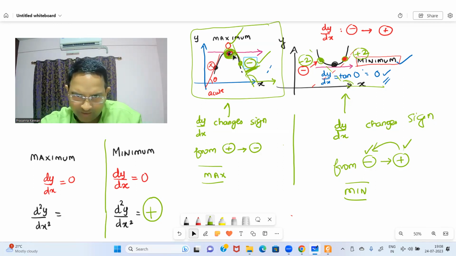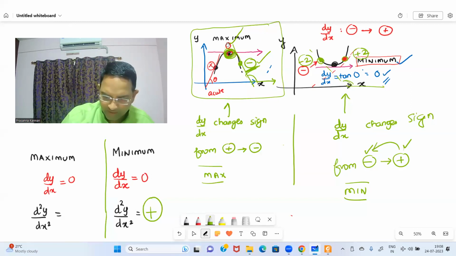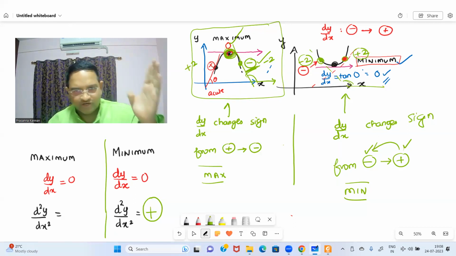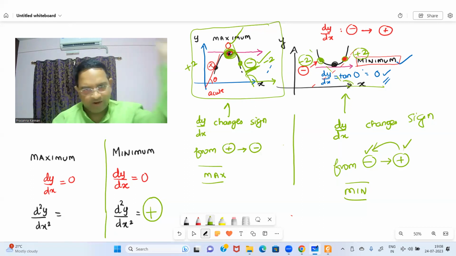So the final value is negative. Before that point, wherever you draw the tangent, what is the dy by dx value? Positive. So the final value is negative, the initial value is positive. For example, let's say this is -2, this one is +2. That is the slope. So you want to look at the change in slope. That is the second derivative. So final slope minus initial slope. So -2 minus of +2.